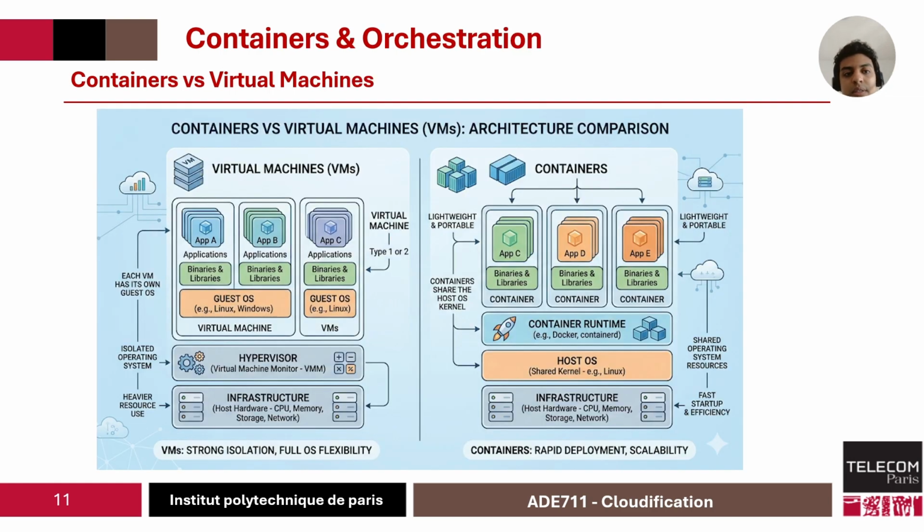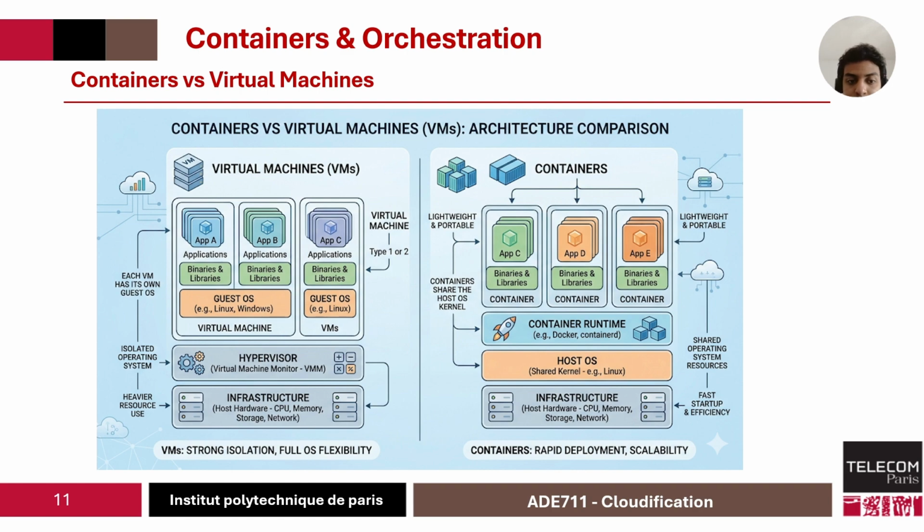And here is the difference between a virtual machine and a container. A virtual machine is a machine that is running virtually on infrastructure. Let's say you have a device and you need to have multiple operating systems in the same machine.